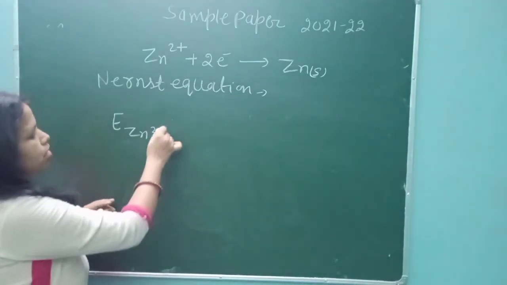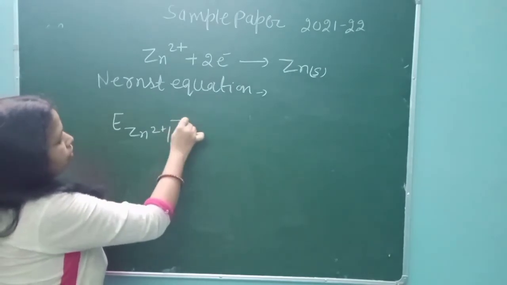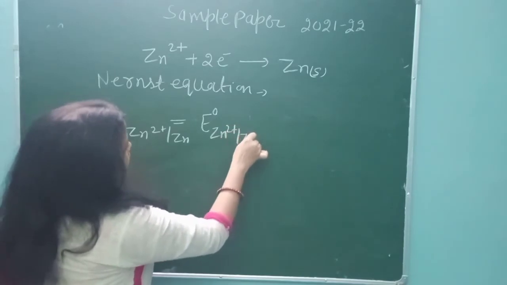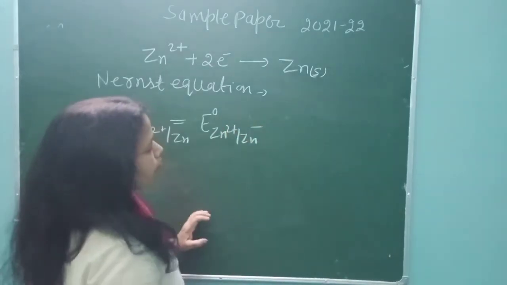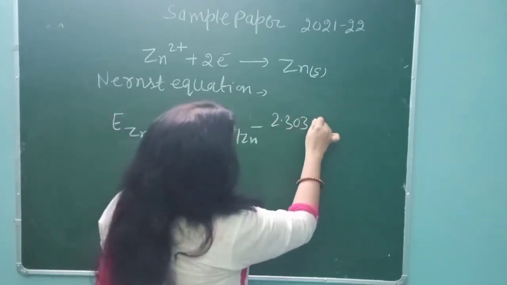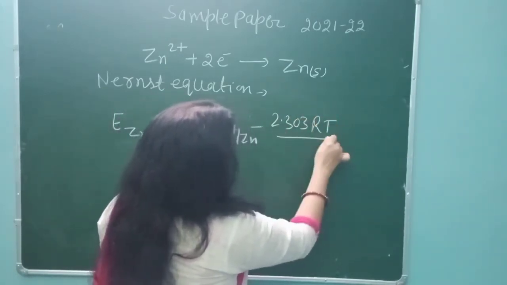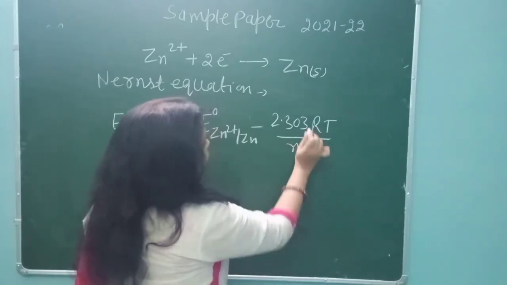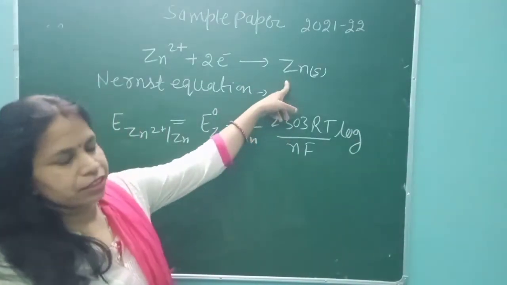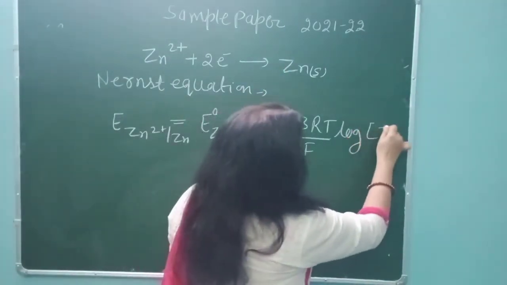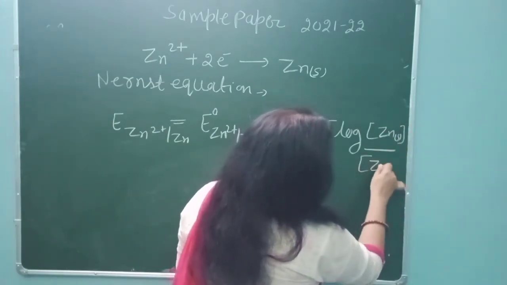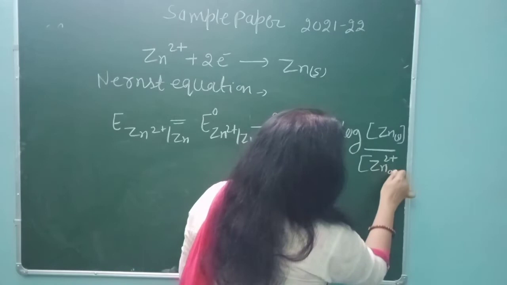E equals E naught of Zn2+/Zn minus 2.303 RT upon nF log of the molar concentration of the product upon the molar concentration of the reactant.